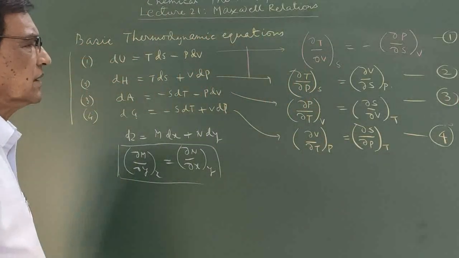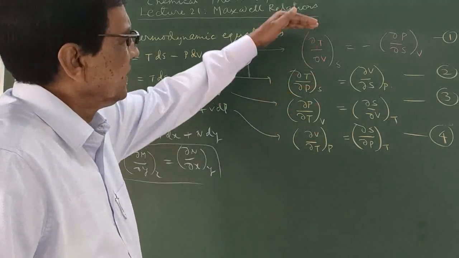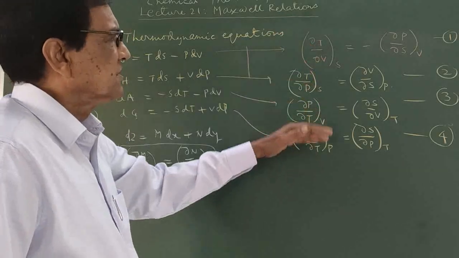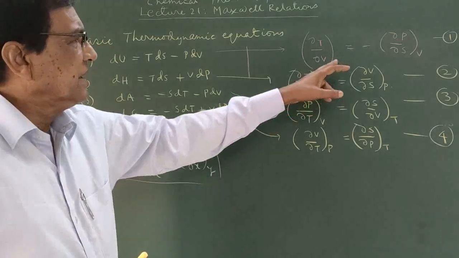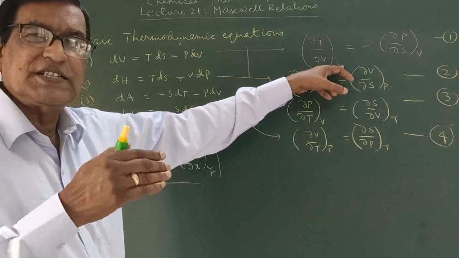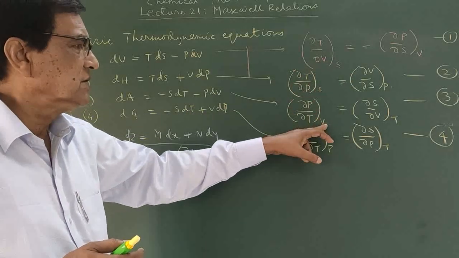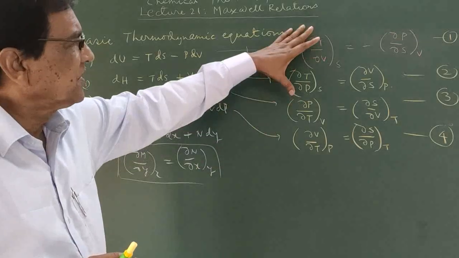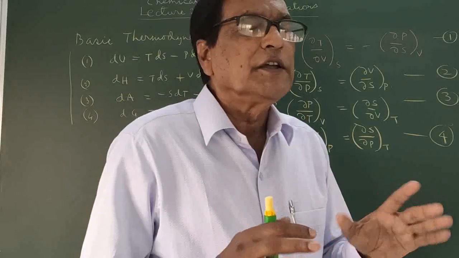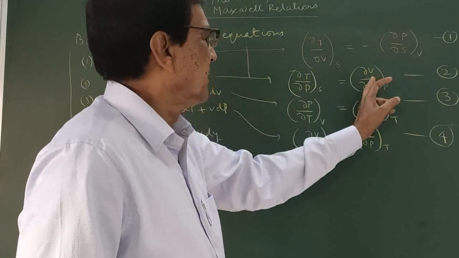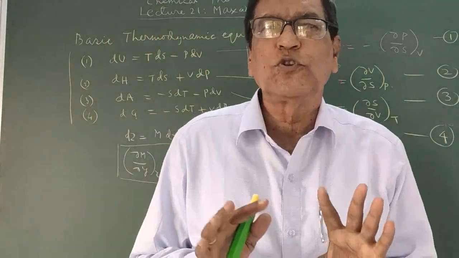If you see the relations, the left-hand side of each relation is measurable. S constant means whenever the process is reversible adiabatic, S is fixed; here V is fixed, here P is fixed. So each left-hand side could be measured by a suitable instrument, while the right-hand side contains entropy, and entropy cannot be measured.